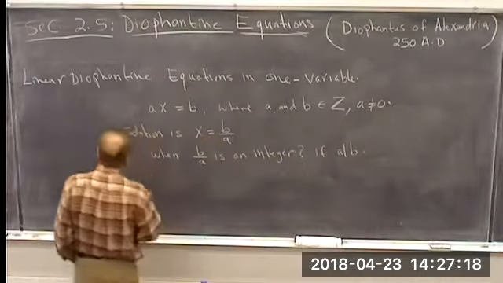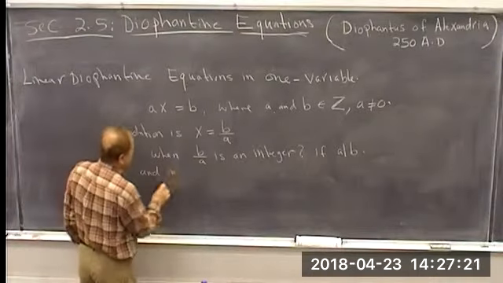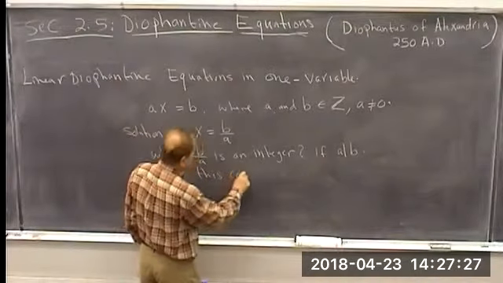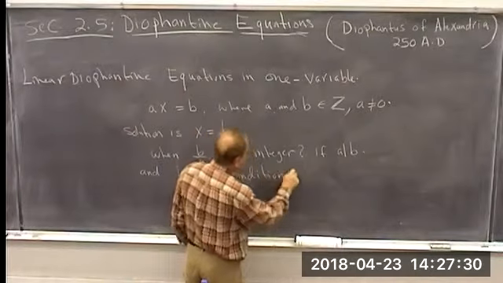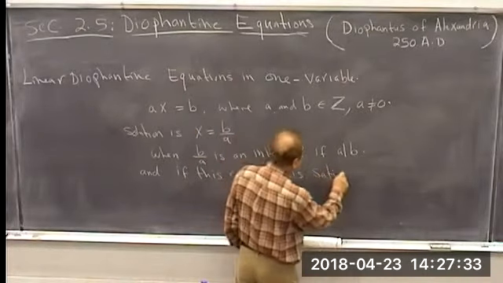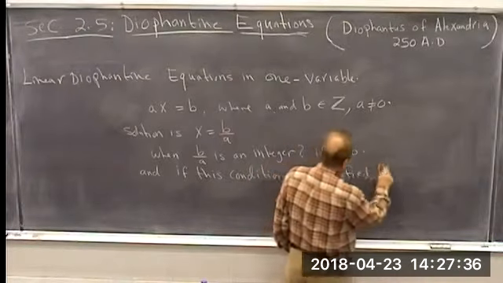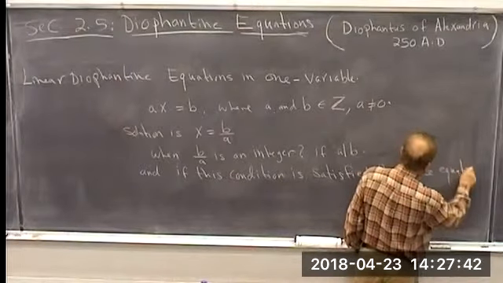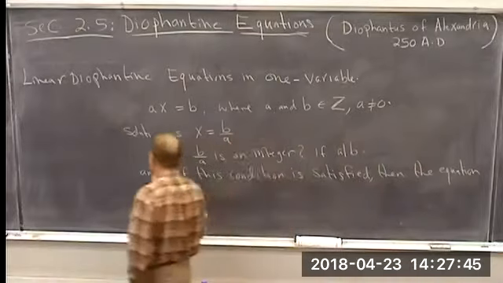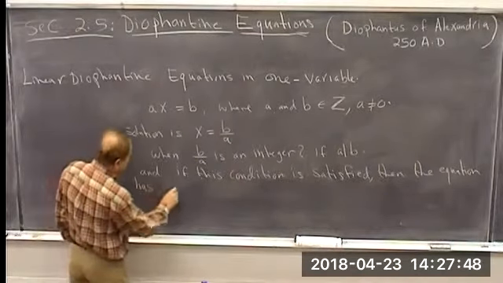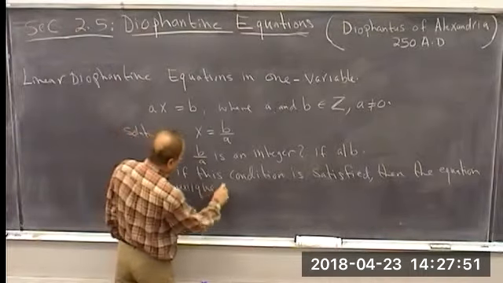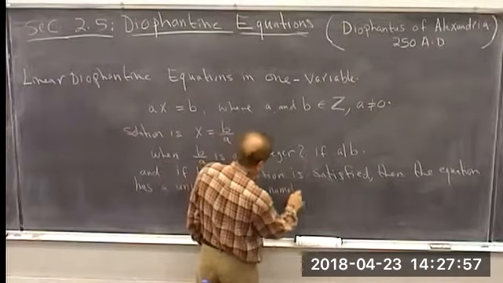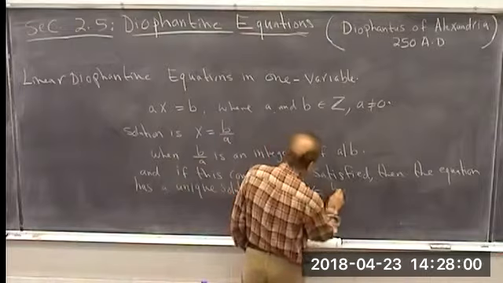And if this condition is satisfied, then the equation has, in fact, a unique solution, namely x equal to b over a.